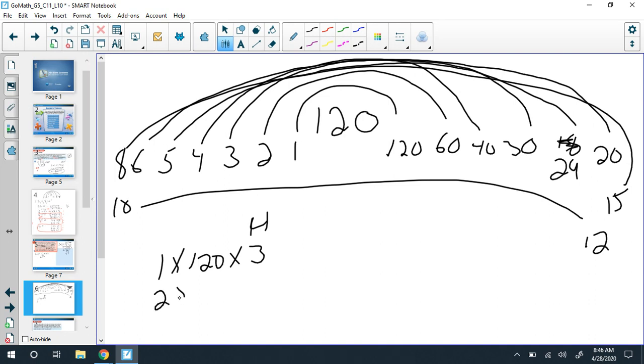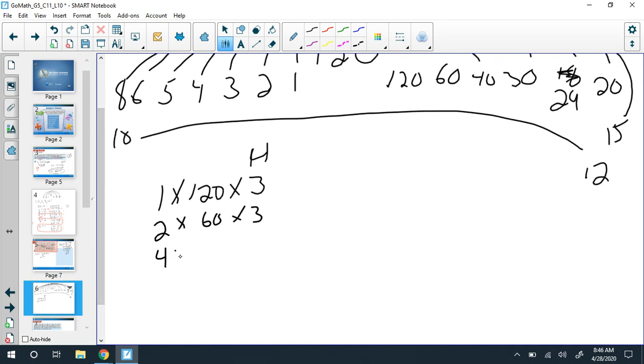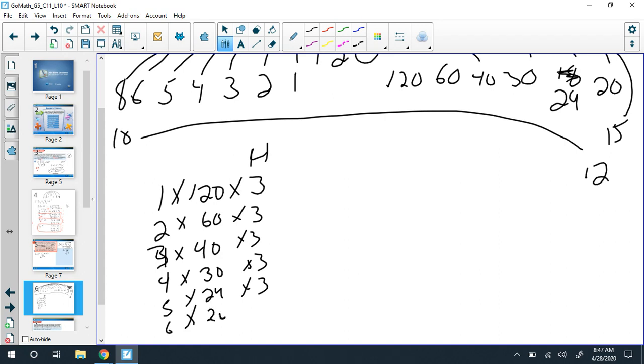We could have a 2 by 60 by 3, a 3 by 40 by 3, a 4 by 30 by 3, a 5 by 24 by 3, a 6 by 20 by 3.